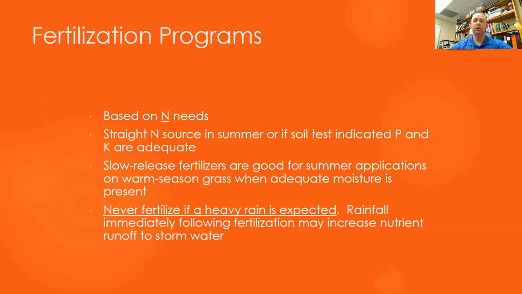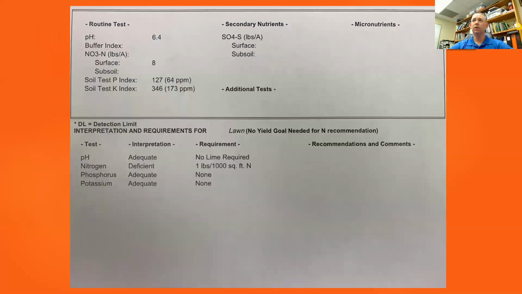It is still going to run off and go away. So it runs off your turf and down the ditch, and then it either winds up in a municipal water supply or in a creek or a pond somewhere, and that's just not cost effective. So take that into consideration when you're fertilizing.